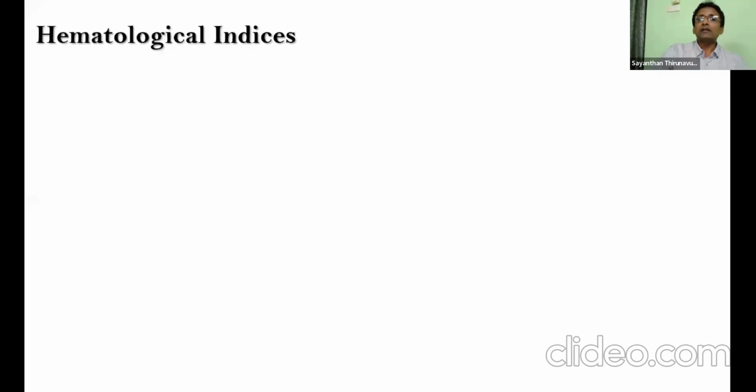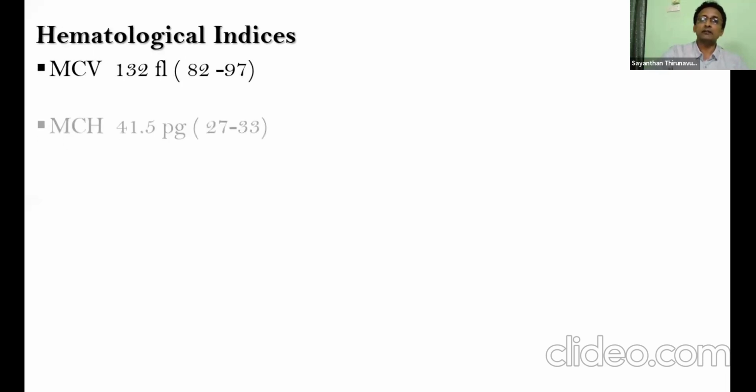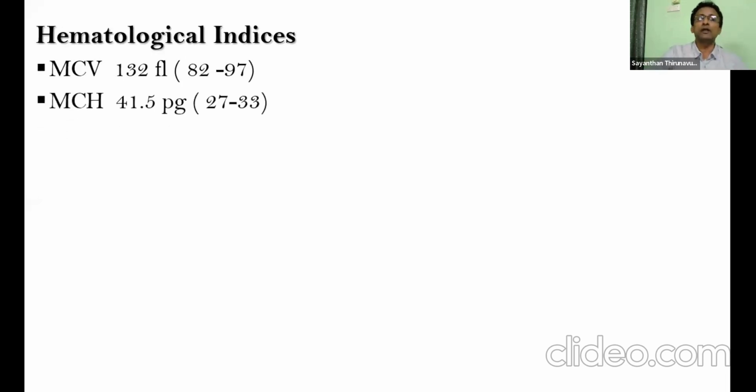But when I went deeply into the hematological indices, his mean corpuscular volume is 132. Obviously that's high. Within bracket is the normal value. Mean corpuscular hemoglobin is 41.5, also more than normal.